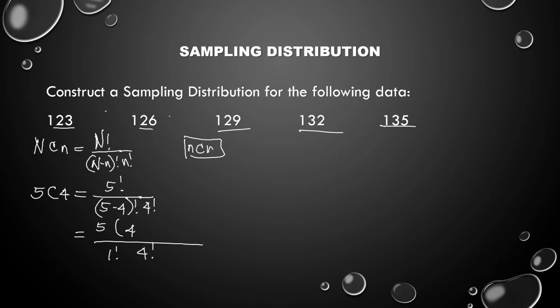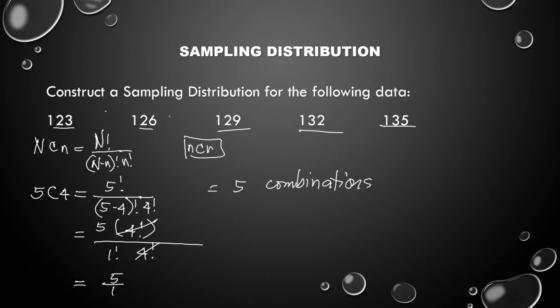So we can cancel the 4 factorial at the top and at the bottom. So that is now 5 over 1, or simply 5. So this is now our number of combinations for the given values.